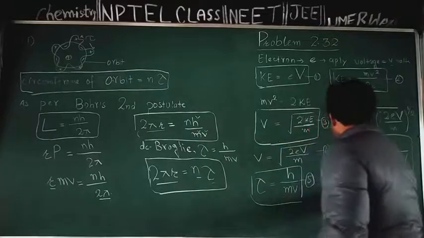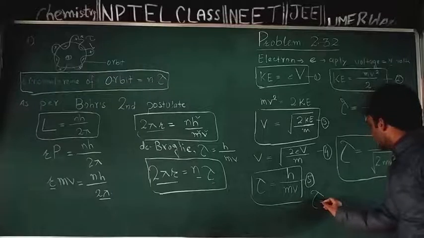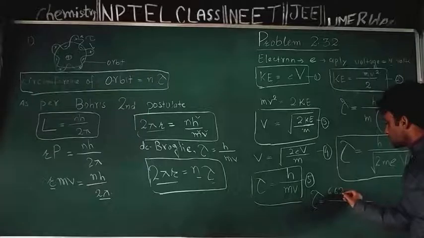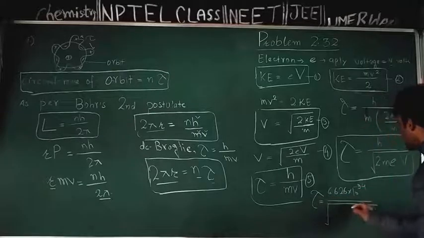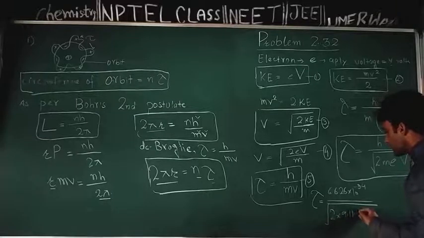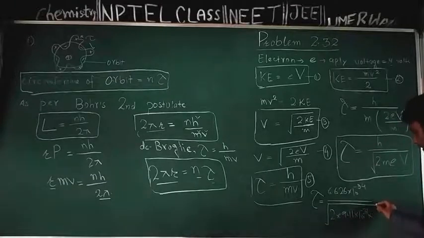Or I may write here, wavelength is equal to 6.626 into 10 to the power minus 34 divided by under root of 2 into 9.11 into 10 raised to power minus 31 into magnitude of charge on electron 1.6 into 10 raised to power minus 19, and voltage is 10 raised to power 4, 10,000 volt.